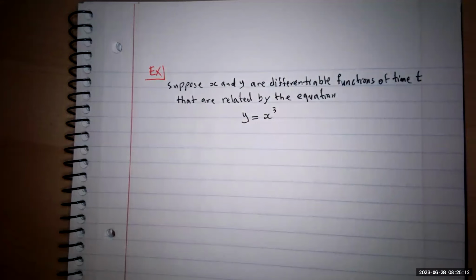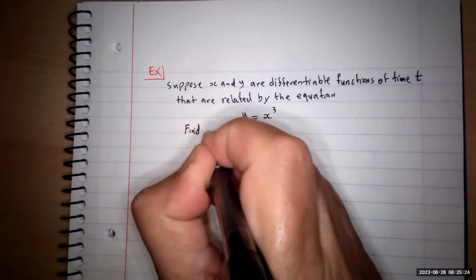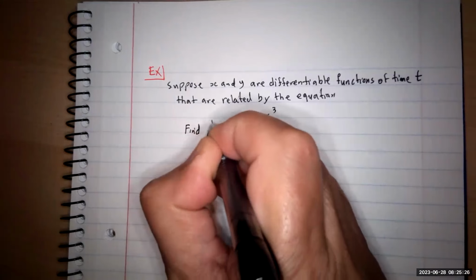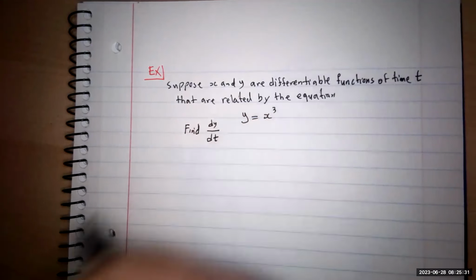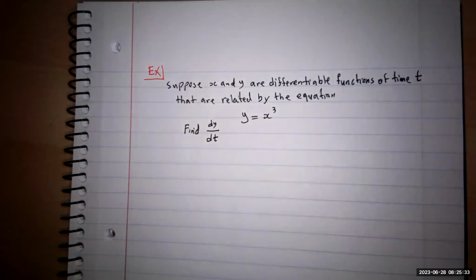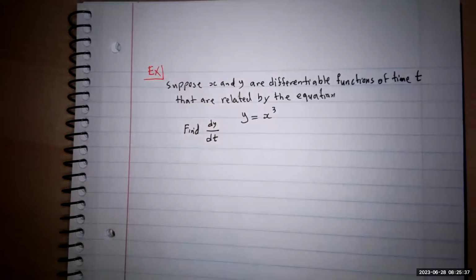Okay, that's the starting point. So this is a relationship between x and y, but we know that x and y are functions of t. Then they ask you this: find dy dt. You see, this is the rate of y with respect to t, or just the velocity. At what time do you want us to find it?